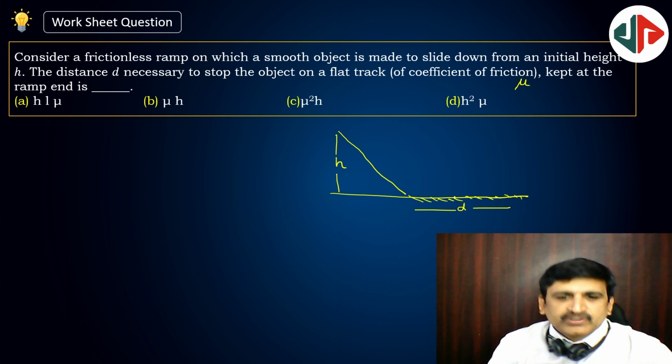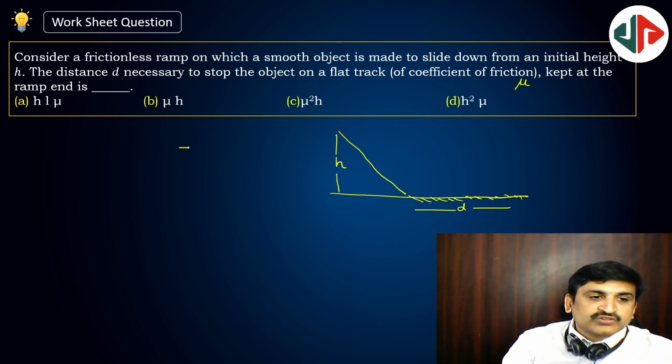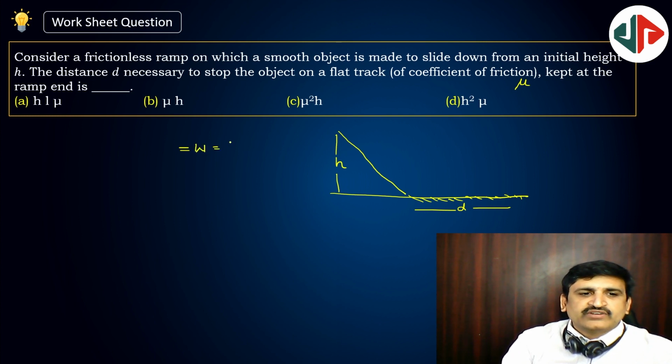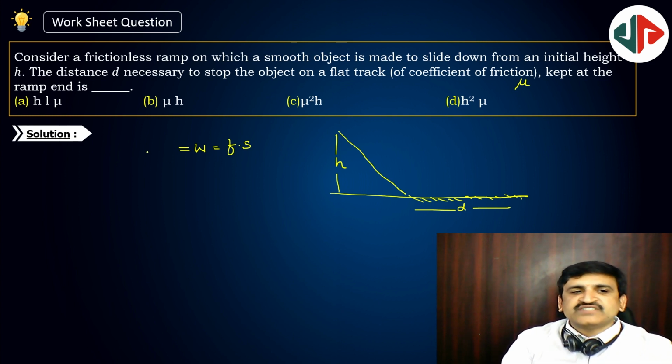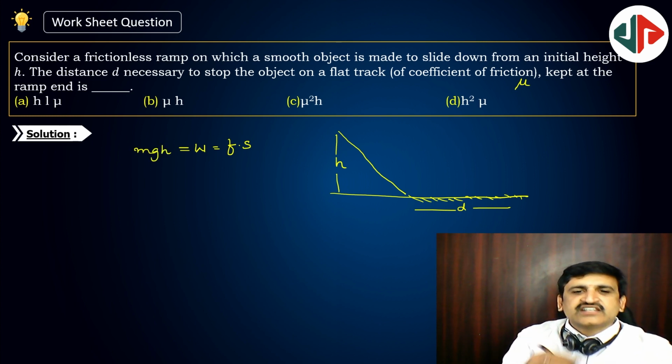The stop distance, or the work done, is equal to frictional force into displacement. I can call it S. That is equal to loss of kinetic energy, half m v square, that is nothing but mgh. So mgh converted into kinetic energy. That kinetic energy should be cancelled by work against friction. So mgh is equal to f s.